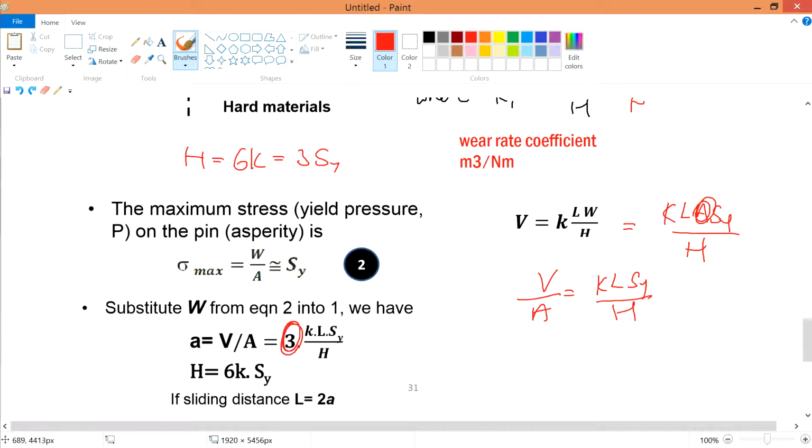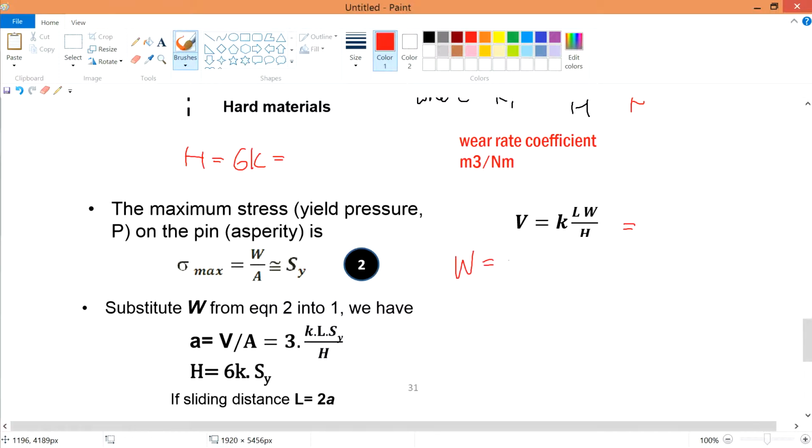But I don't know where the 3 comes from. Over here they say it's proportional. So this implies that stress max is proportional to 3SY, which also equals W over A. If that's the case, then if I sub in my W, my W will equal 3, the U strength of the material.